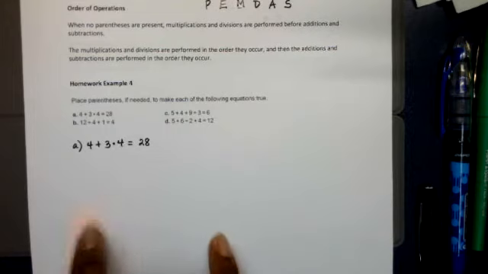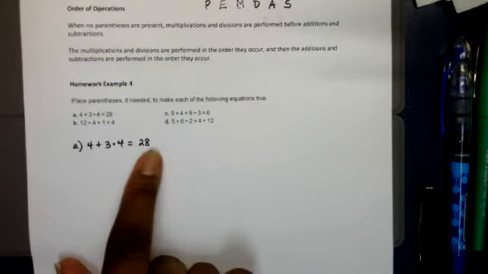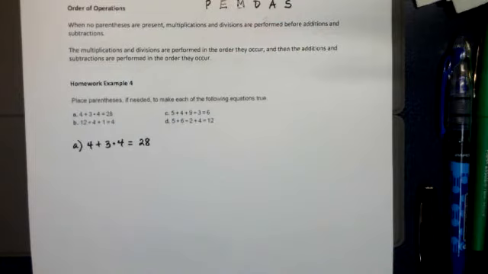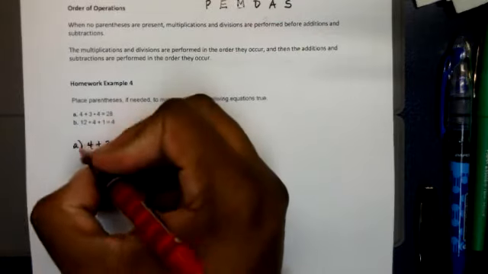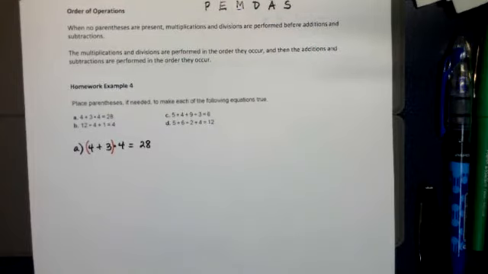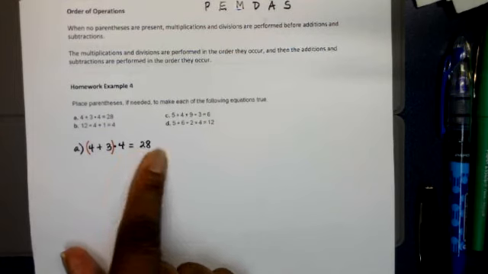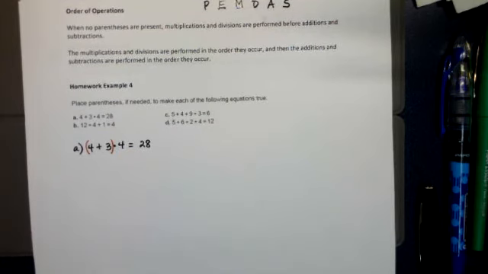I want to put the parentheses in the proper place so that I get 28 as an answer. In this case, I need to put the parentheses around the 4 plus 3, so that 4 plus 3 gives me 7, and 7 times 4 gives me 28.